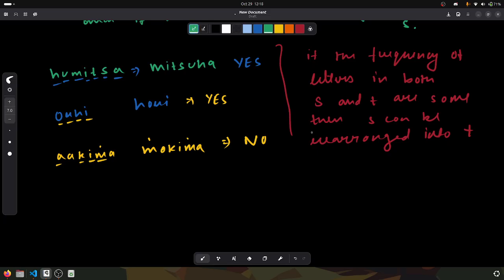So we need to check if the frequency of alphabets in both S and T are same or not.